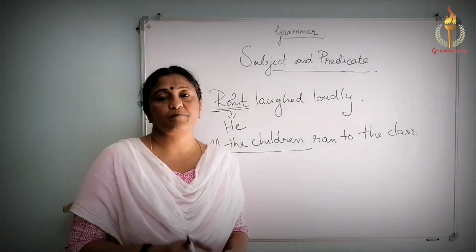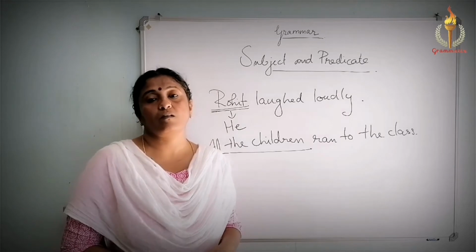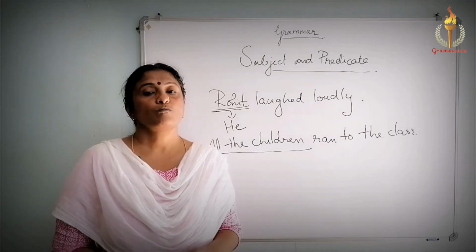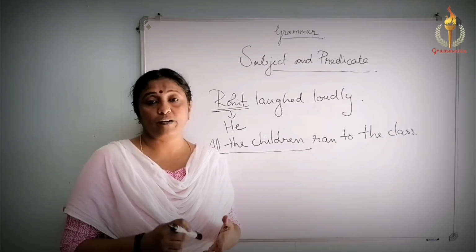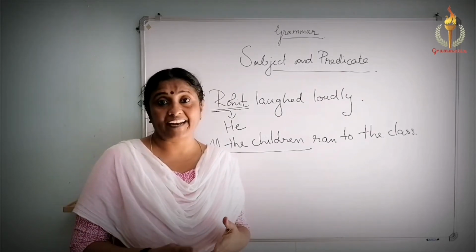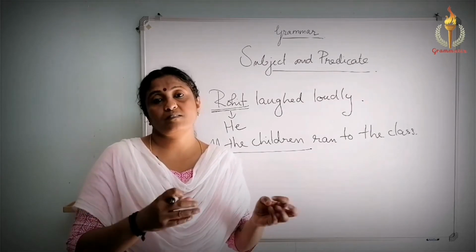And the third type is, a subject can be two or more nouns or a noun phrase or pronouns joined together by conjunctions such as neither, nor, either, or, both, and, not only but also.